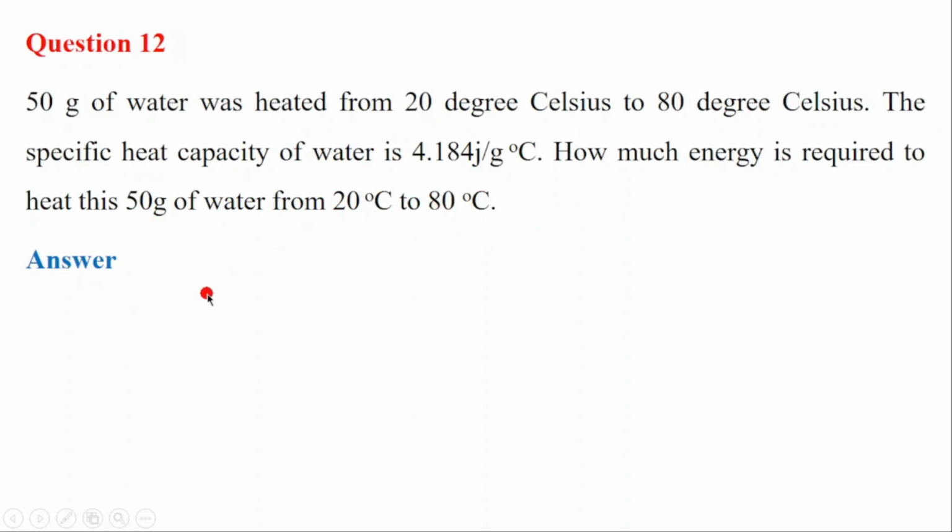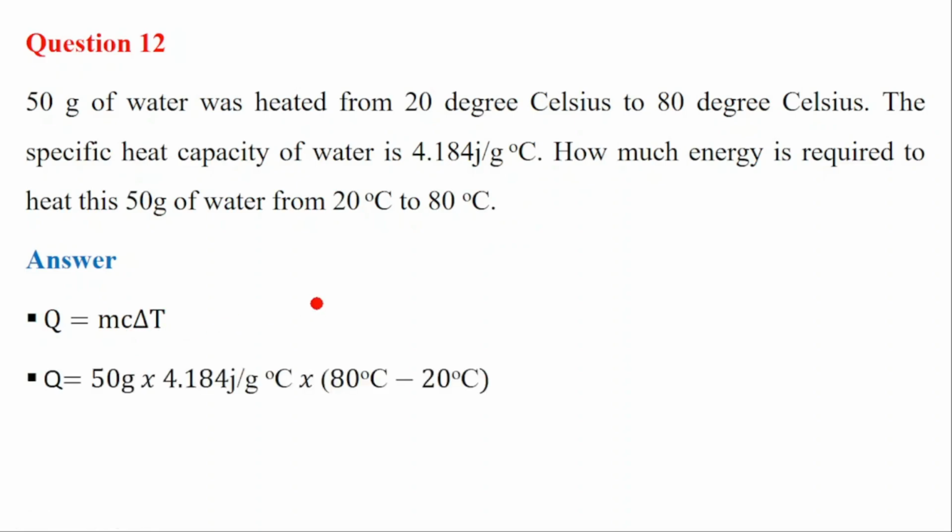Let's move to the answer. We have the formula where Q, which is heat, is equal to the mass times the specific heat capacity times the change in temperature. They are asking how much heat, so we replace the values. The mass is 50 grams.